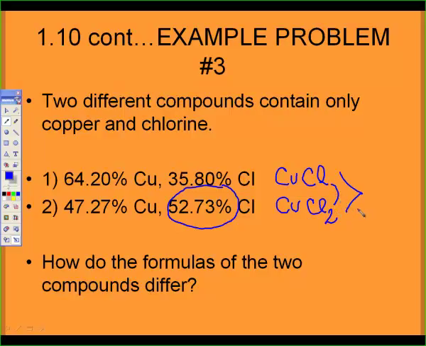And I know that that's weird. I know that that's hard to understand. But it makes sense looking at these 2 compounds. If the ratio from here to here we decided differs by a factor of 2, that should be reflected here. So copper, 1 to 1 here, 1 to 2 here.